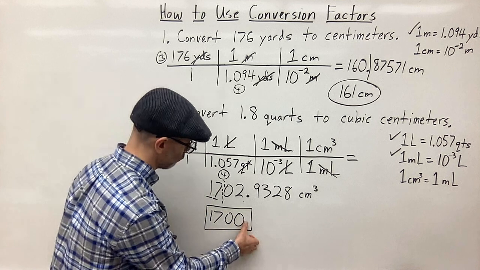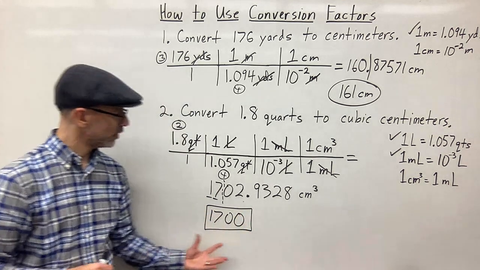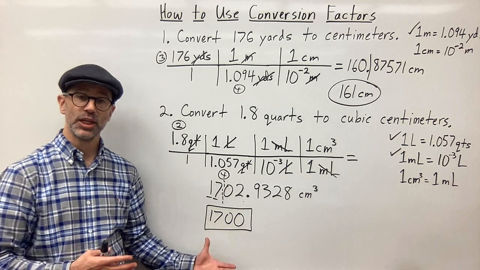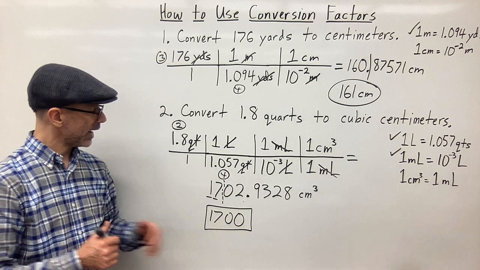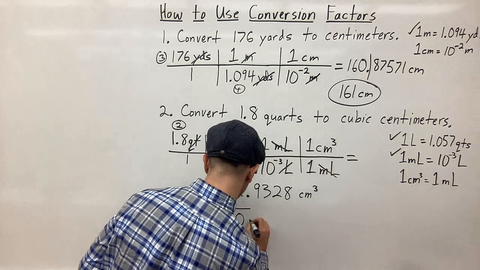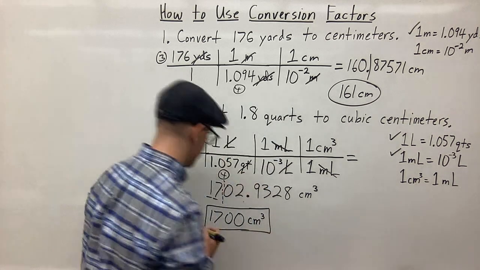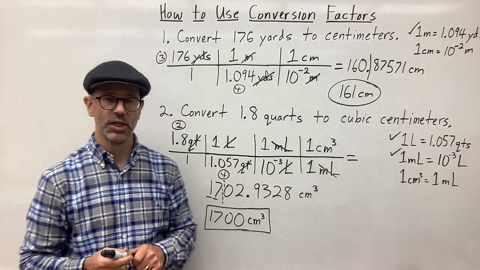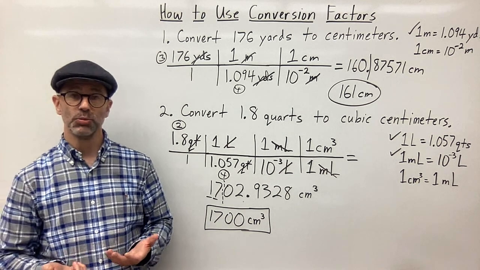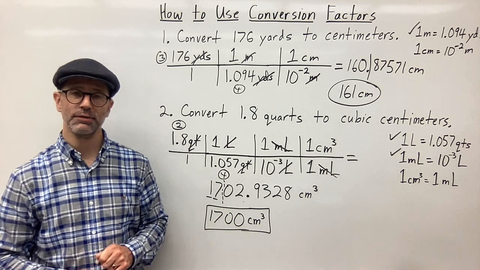I only want 2 sig figs. So I am not going to put the decimal point. So this is actually 2 sig figs. And so my answer would be 1700. Let me include the unit. So my answer would finally be 1700 centimeters cubed. And that, ladies and gentlemen, is how you use conversion factors to convert.